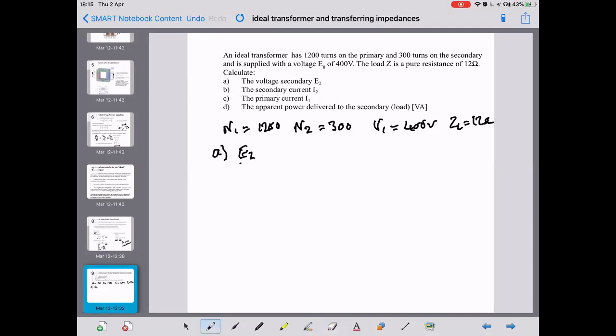So we can say E2 over E1, and we know N1 and N2 as well, so that's equal to N2 over N1. Then you can transform that to V2 is equal to V1 times N2 over N1.